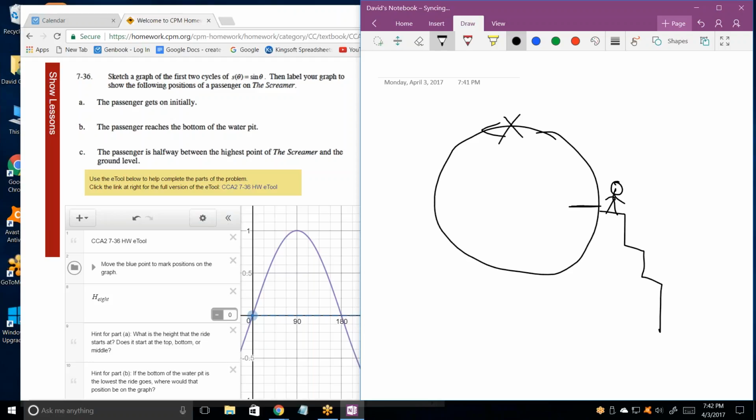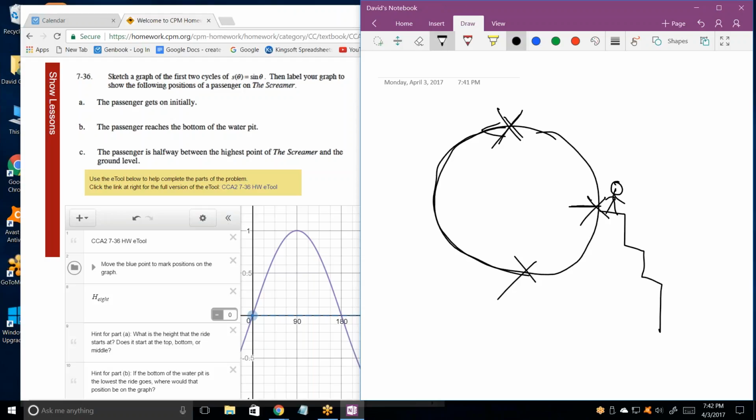That's what a sine function does. It gets on at the middle point and goes up. And then from going up, it goes down all the way to there. So that's your low point. That's minus 1. And then it comes back up to the middle point. Okay? So this ride that's a circular ride can actually be described as a sine function perfectly.